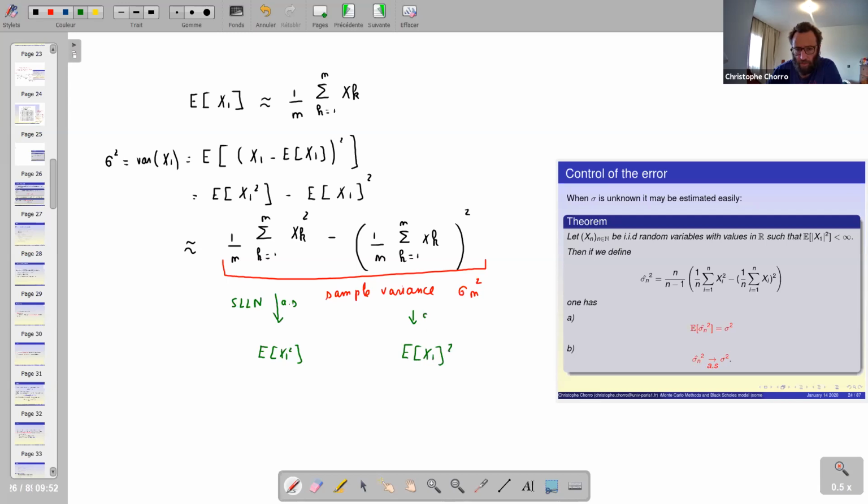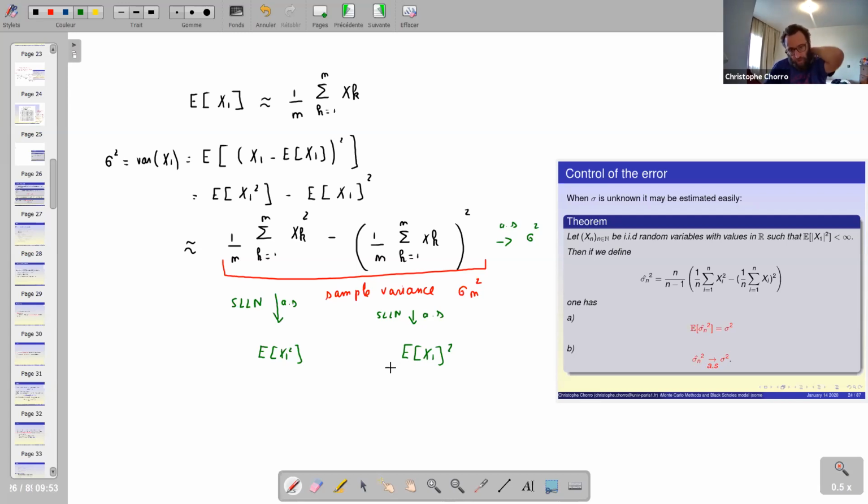I converge almost surely by the strong law of large number. So this one converges at the end almost surely toward what I want, that is sigma square.